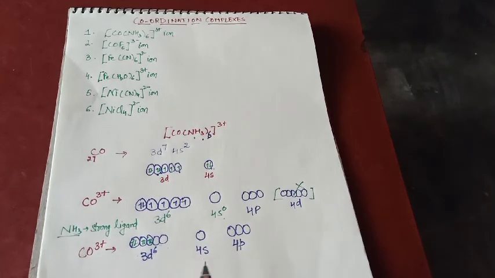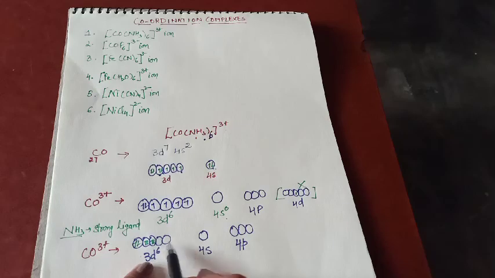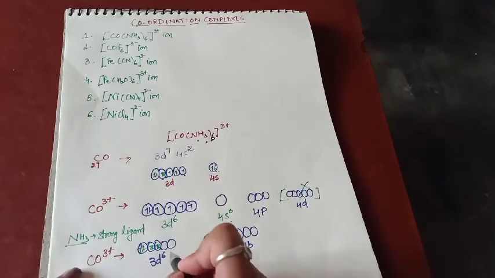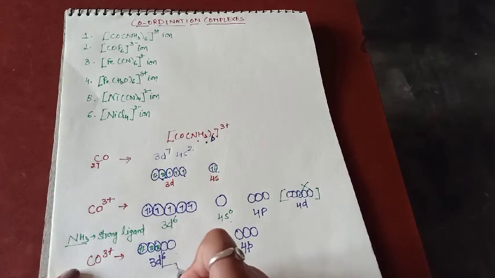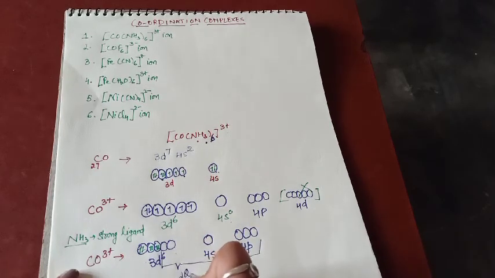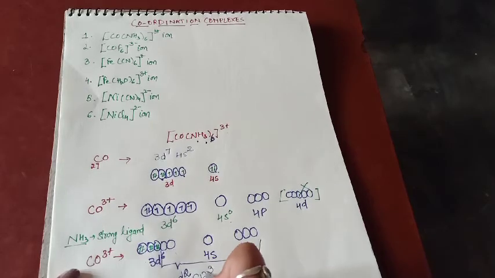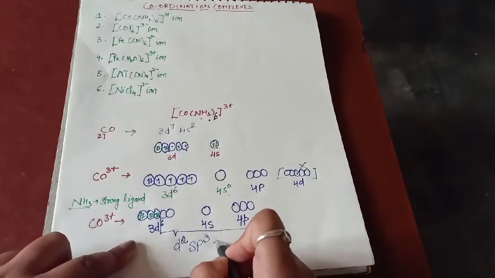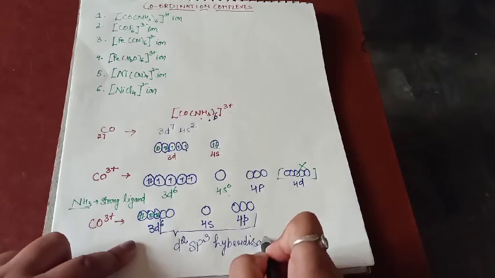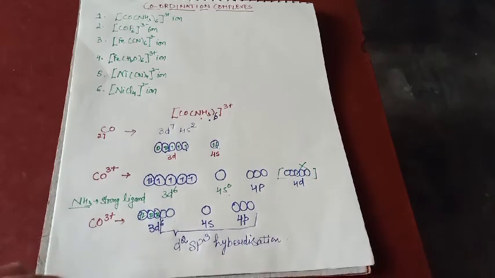Now the orbitals that are available are 2 3d orbitals, 1 4s and 3 4p orbitals. So these orbitals will undergo hybridization and result in the formation of d2sp3 hybridization. Okay, so this will be the hybridization.